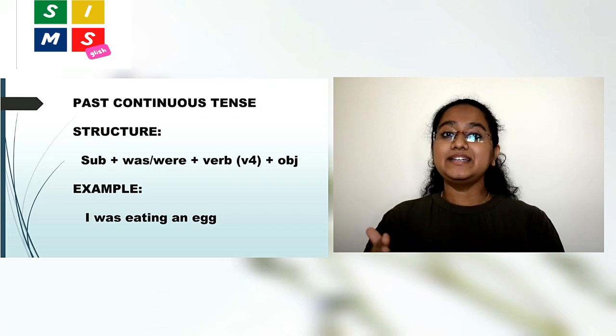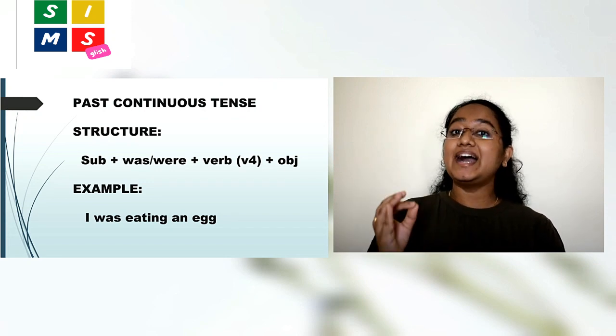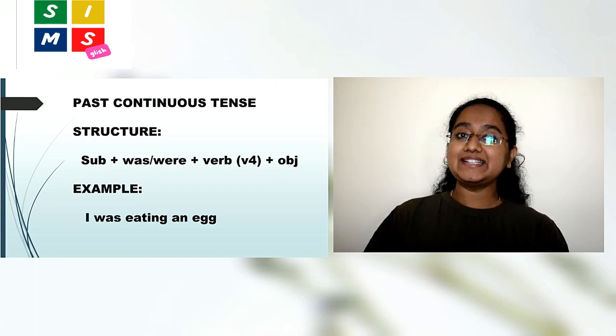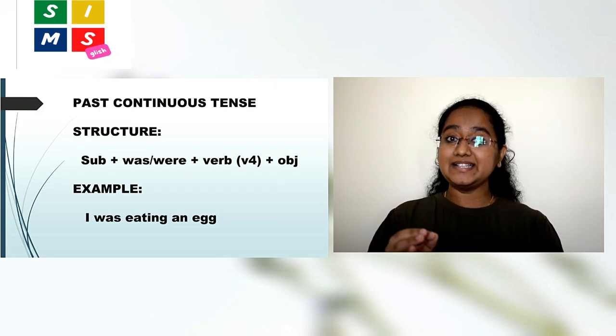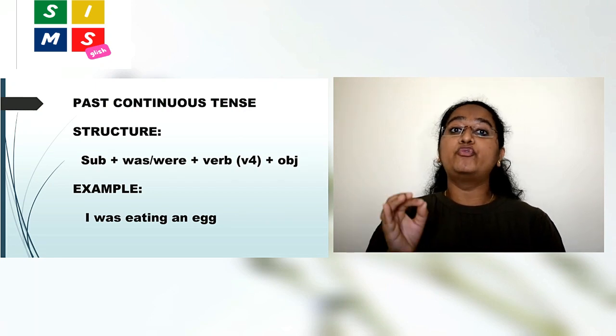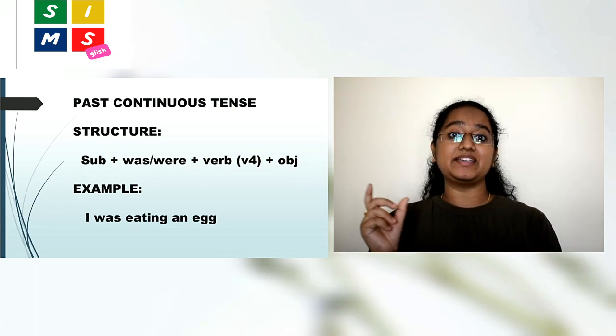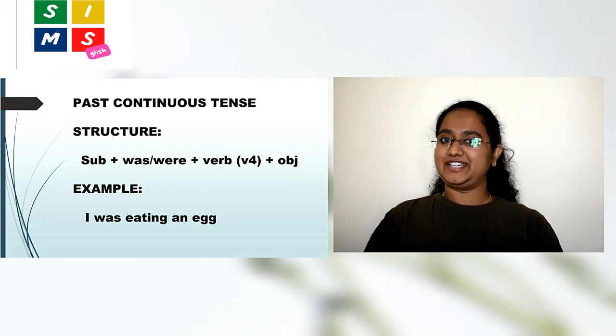Now we will move on to the next tense, that is past continuous tense. And the structure for past continuous tense is subject plus was or were plus verb 4, that is verb 1 plus ing, plus object.